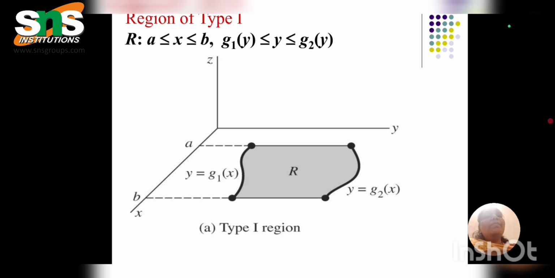So we are splitting the region. The sketch is bounded by y equal to 0, y equal to 2x and x equal to 1. So we are reversing the order, integrating with respect to y first, which becomes simpler. This is the main advantage of changing the order of integration.